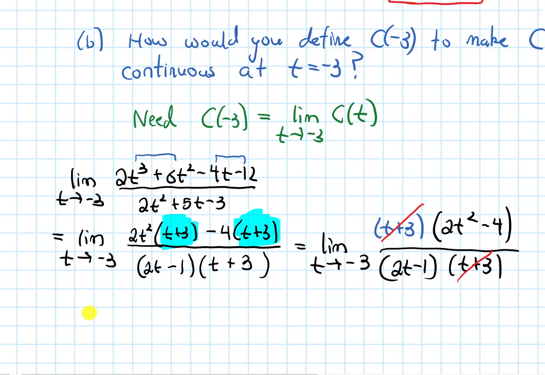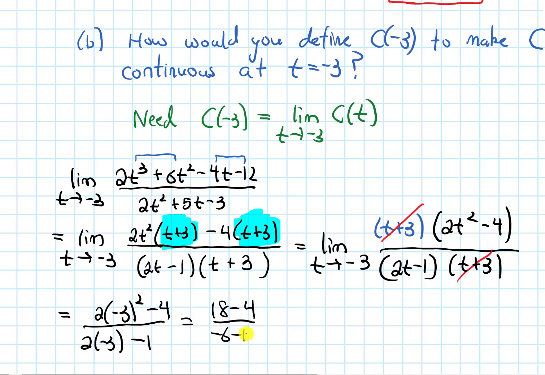Now this is nice because I can cancel out the t plus 3's. And now let's plug in. If I plug in negative 3 to the top, we get 2 times negative 3 squared minus 4. On the bottom, we'll get 2 times negative 3 minus 1. So we get 2 times 9, which is 18, minus 4, and on the bottom, negative 6 minus 1, which becomes 14 over negative 7, which is negative 2.